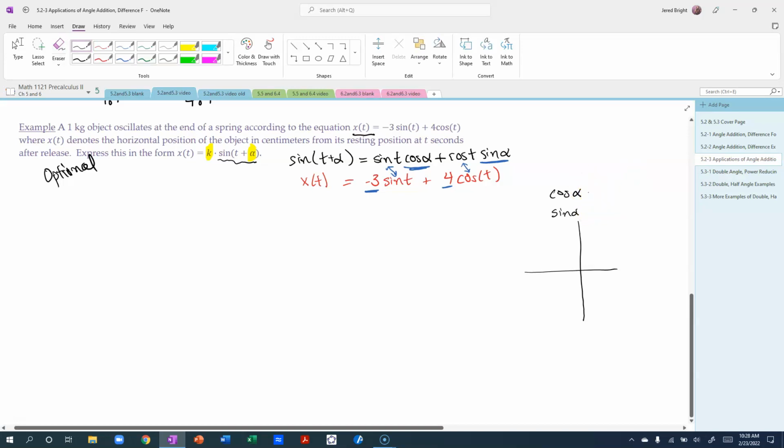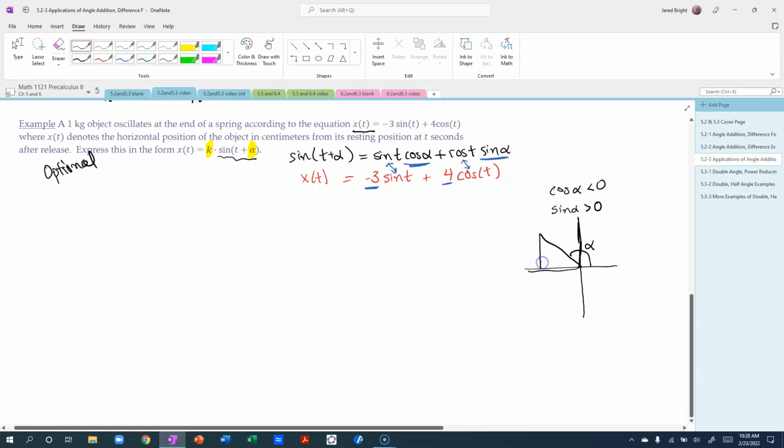So cosine is negative, sine is positive, and so that's going to put us in quadrant 2. We can imagine that we have this angle alpha in quadrant 2. In this diagram, cosine is the horizontal, so negative 3 and 4, and then I can complete the triangle and say that this is 5, in order to obey the Pythagorean theorem.